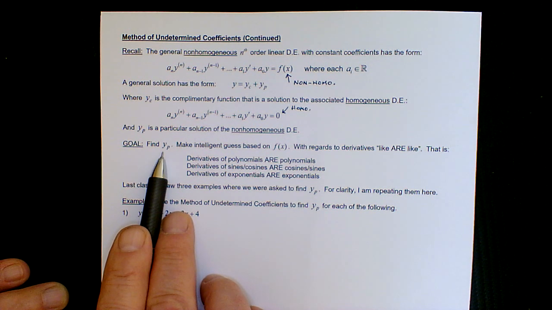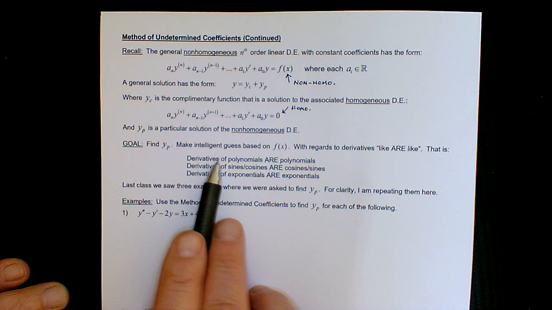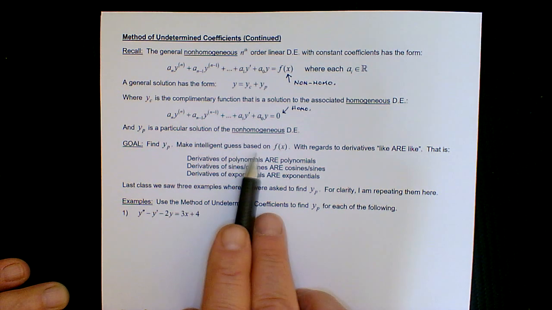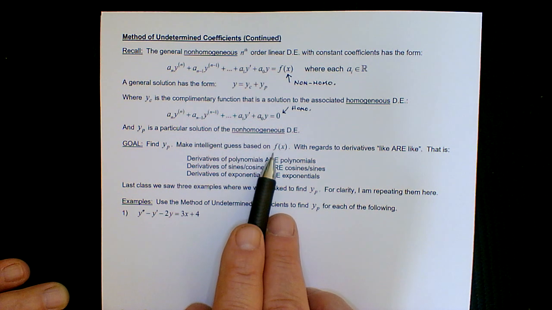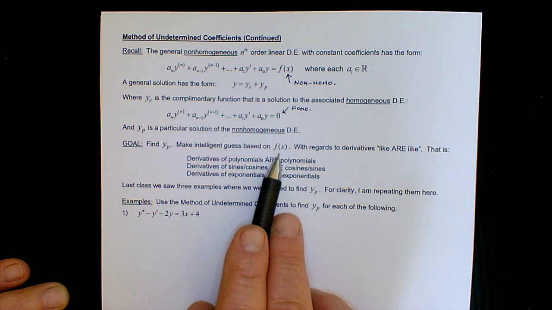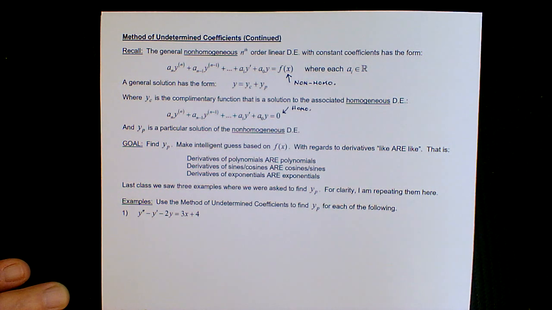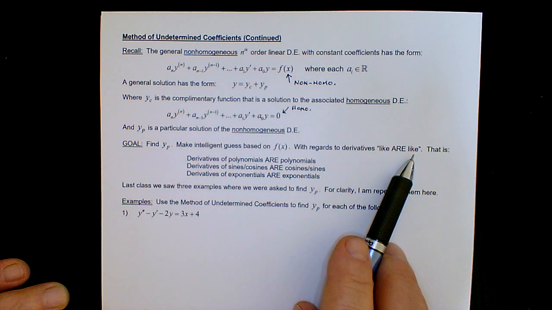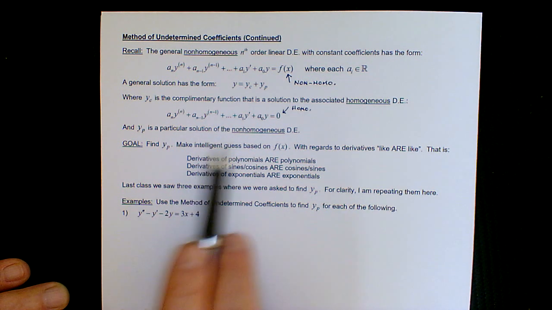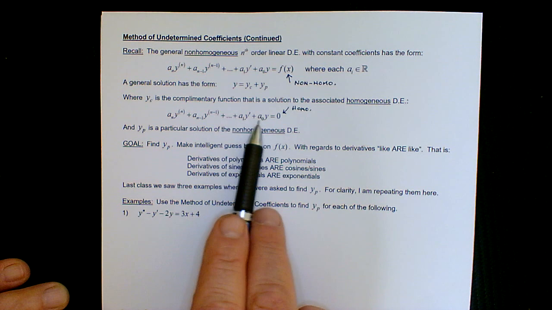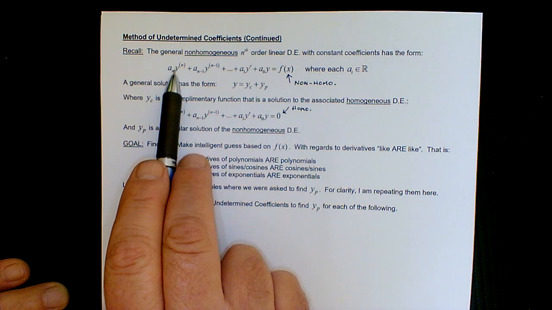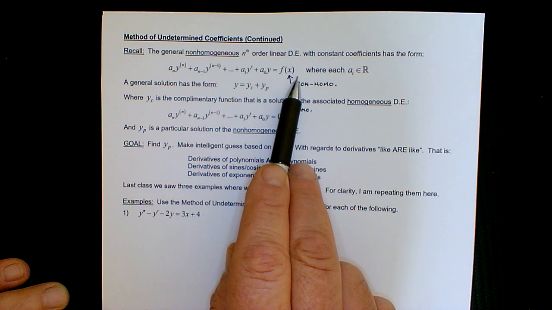p to the non-homogeneous. So as we had talked about, you have to make an intelligent guess based on the function involved on the right hand side, what's making it non-homogeneous. And the idea initially is that like are like. That is, since you have a combination of derivatives on the left hand side here that have to give us some function.